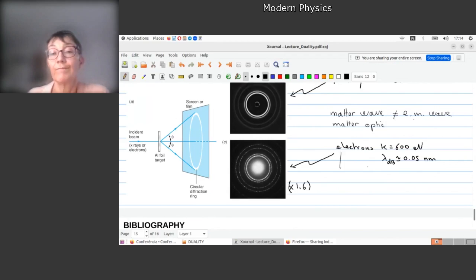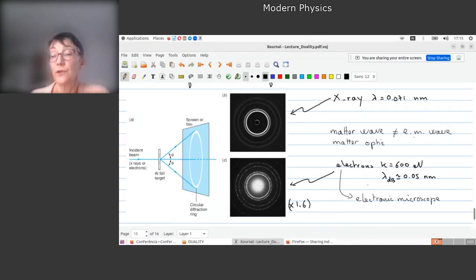And the obvious application of electrons as waves is the electronic microscope. So what is the advantage of the electronic microscope compared to the X-ray microscope? You can imagine that X-ray is very dangerous.